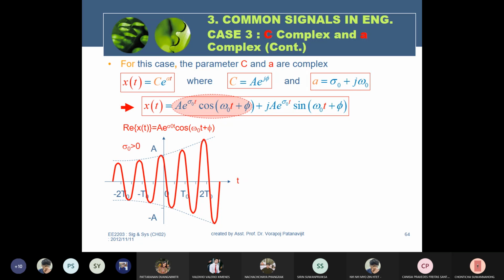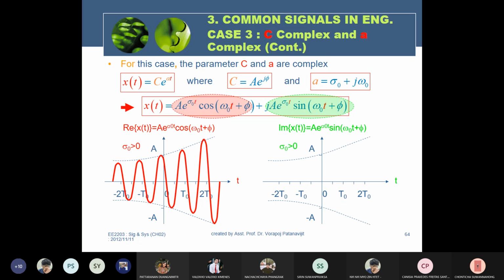Okay, next one. The green one here is a sine that starts at the center, right? If gamma is greater than 1, the envelope or the amplitude will increase from time to time. It oscillates and the magnitude increases. Phi is time shifting, that makes it not at the center.